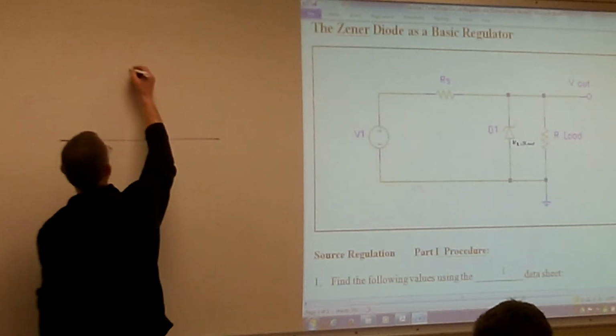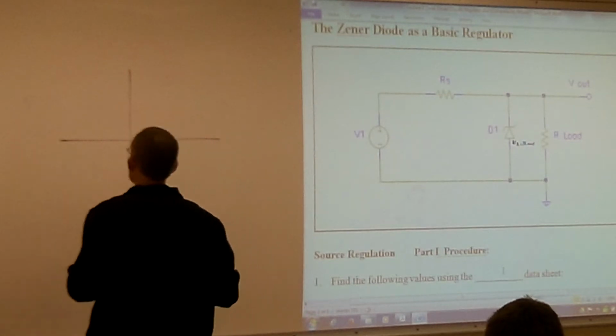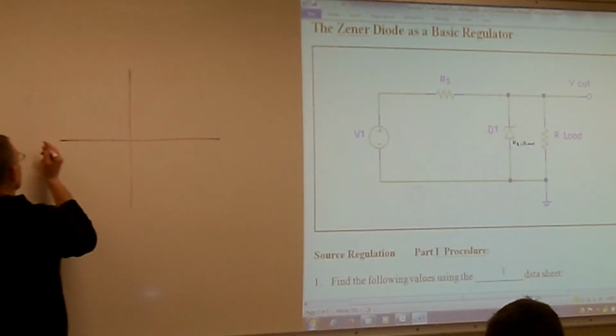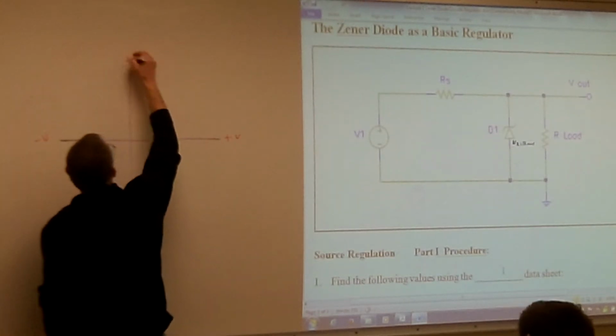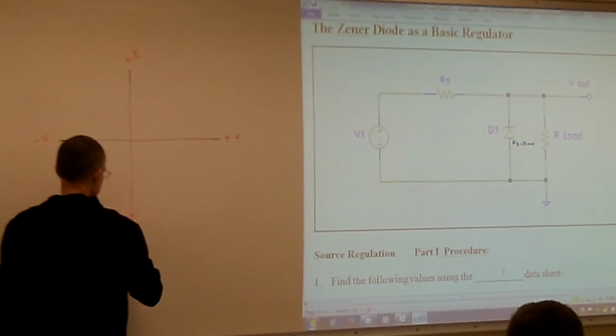On our curve tracer, on a regular diode, we have negative voltage here, positive voltage here, positive current there, and negative current here.